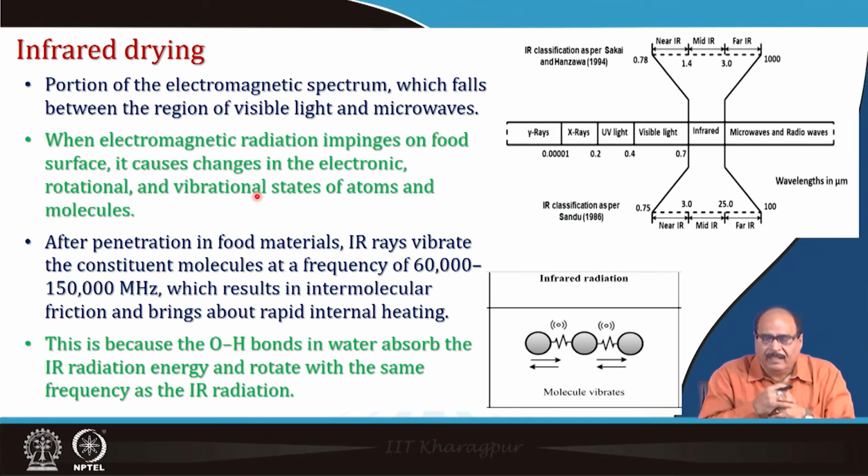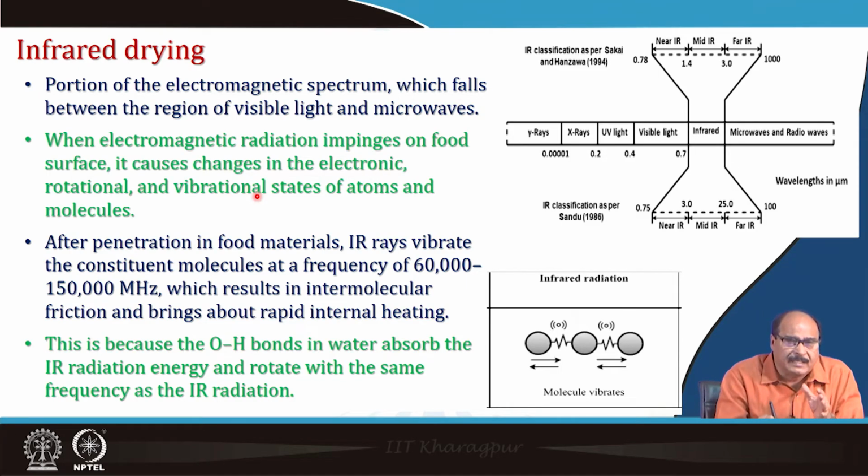Then infrared drying. It is the portion of the electromagnetic spectrum which falls between the region of visible light and the microwaves, and that is called infrared. When electromagnetic radiation impinges on the food surface, it causes changes in the electronic, rotational and vibrational states of atoms and molecules.